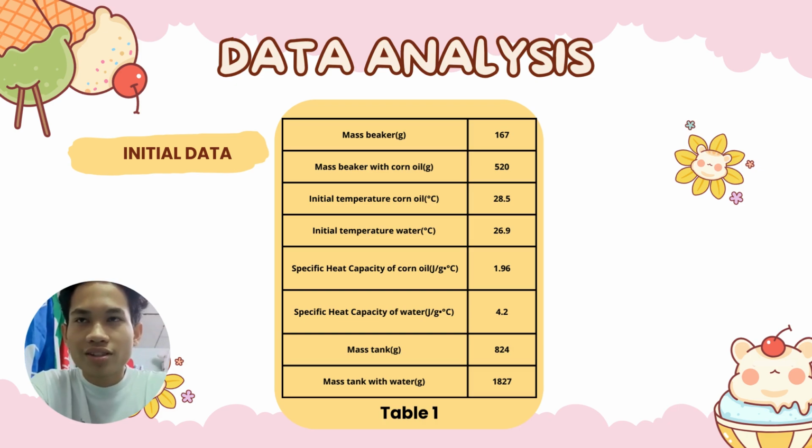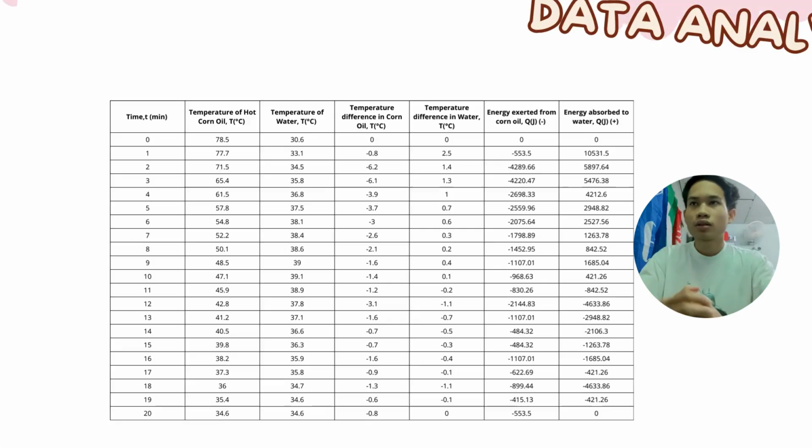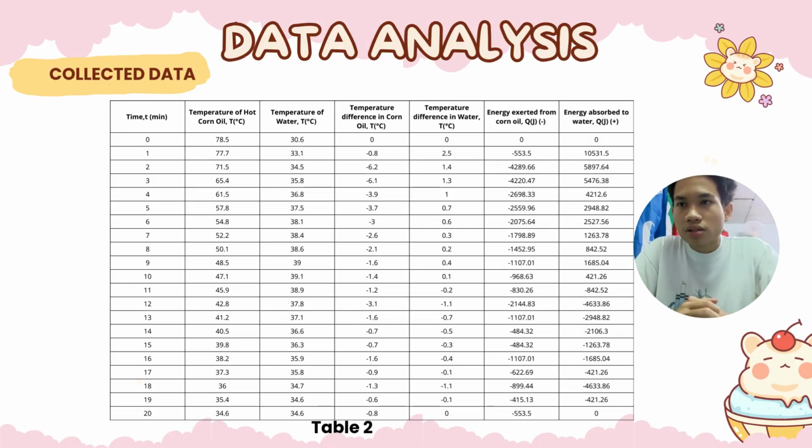This is the data that we recorded before starting the experiment. This is table 2, where we collected the data from the experiment. The temperatures of hot corn oil and water are recorded.